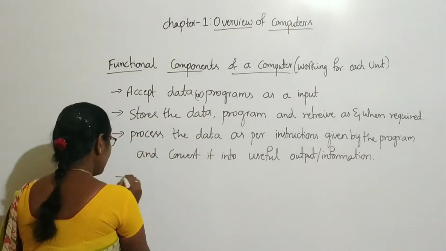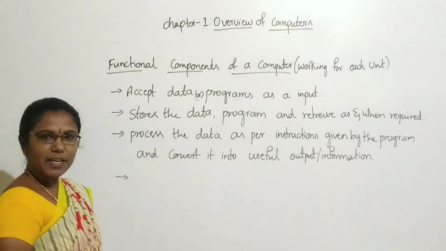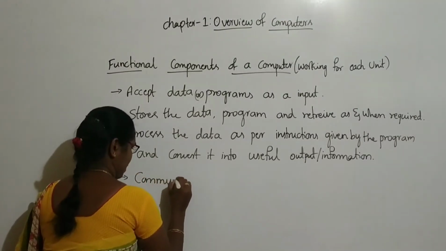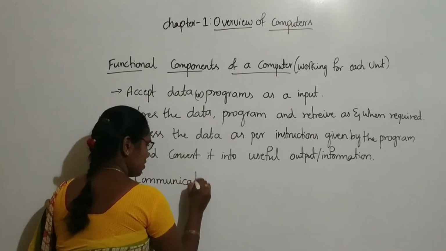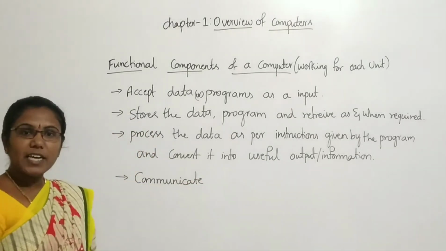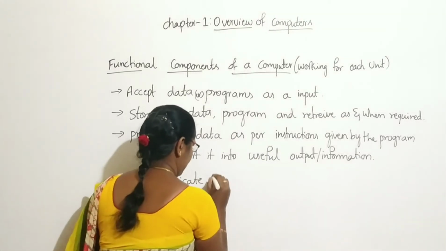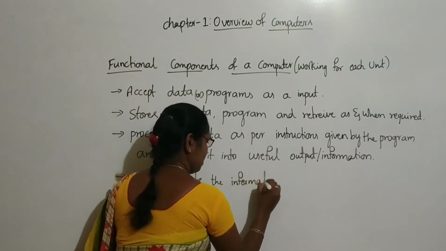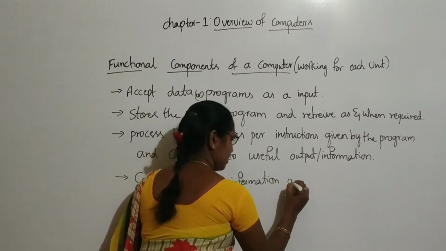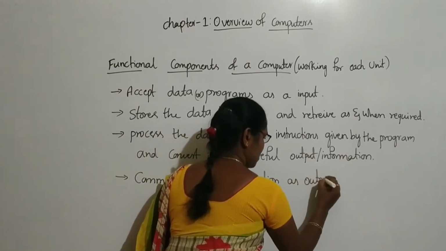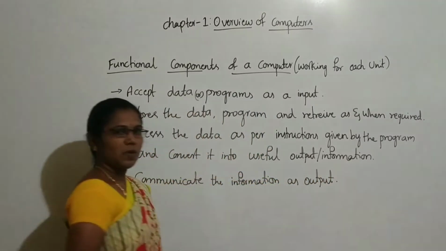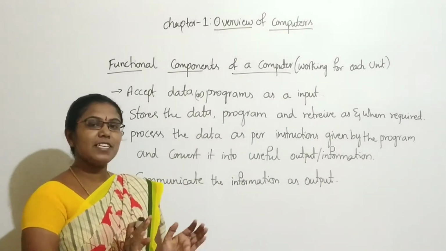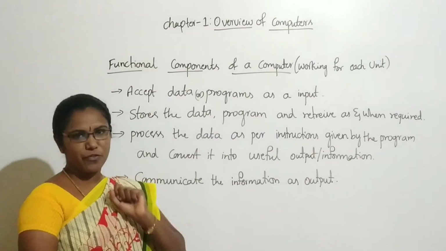Next, the fourth one, it will generate the output, right? That is, communicate the information as output. So these are the four major functions each and every computer can perform.